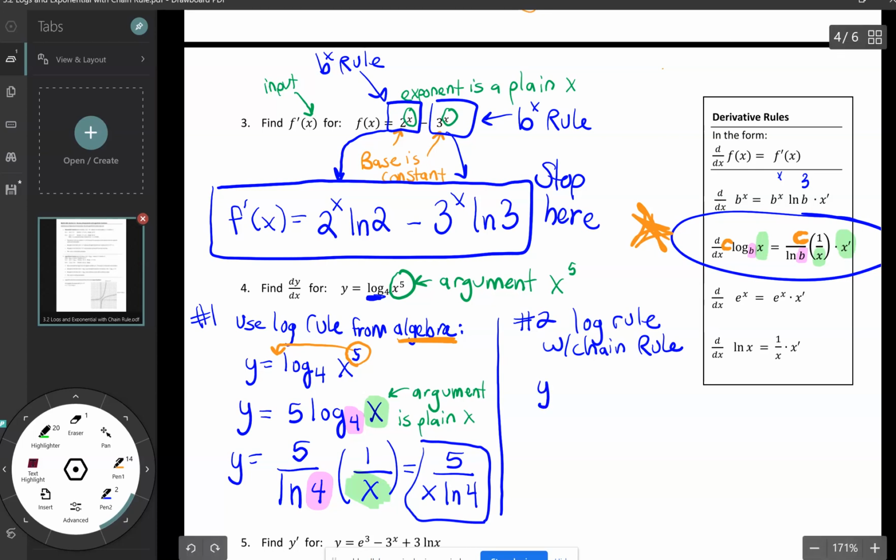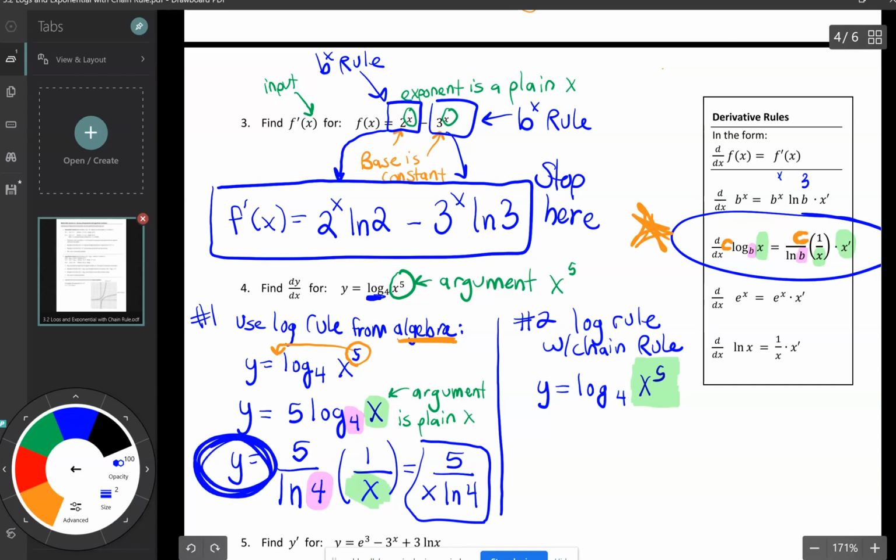So I'm going to rewrite my function here. And I'm going to emphasize that my argument is this x to the 5th power. Okay, so I'm going to jump right into my derivative. Oh, y'all. On method 1 down here where I use my derivative rule, see how I wrote y equals? No. Technically, we are finding the derivative of that.